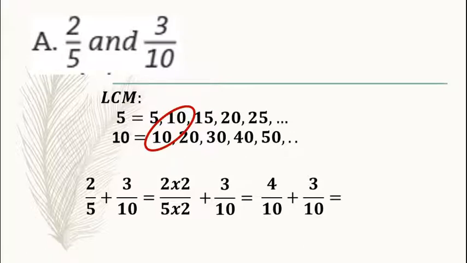Now, because we have the same denominator, we can add our numerators and copy our denominator. 4 plus 3, very good. That is 7 over 10. So our answer for letter A is 7/10.